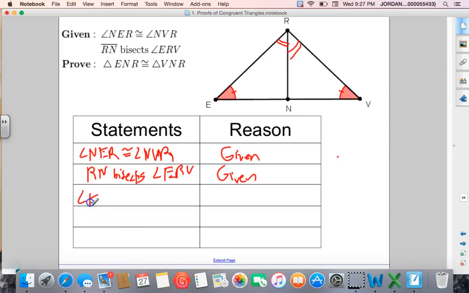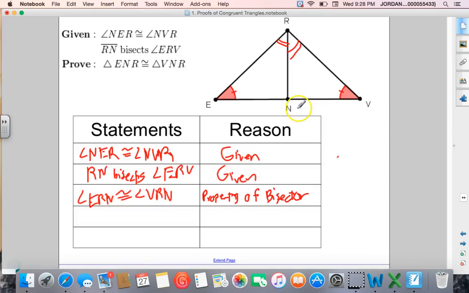How do we know that? We know that because of the property of a bisector. A bisector is going to cut the angle in half, so we know those two angles got to be equal.